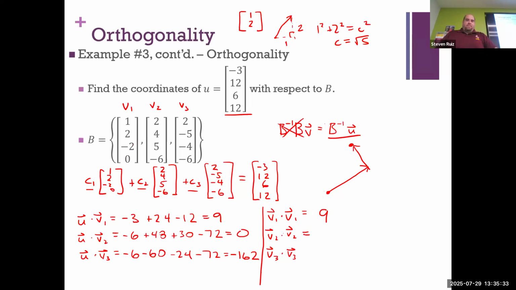V2 dot V2: 4 plus 16 plus 25 plus 36, that's 81. And then the last one, 4 plus 25, plus 16 plus 36, also 81.